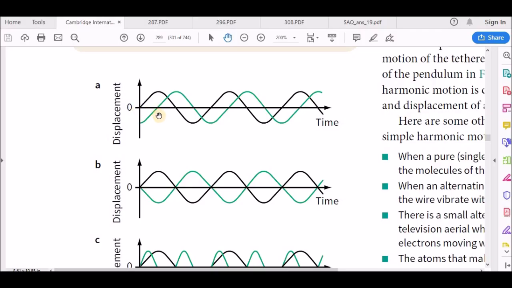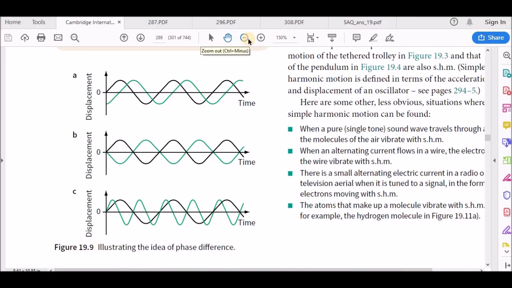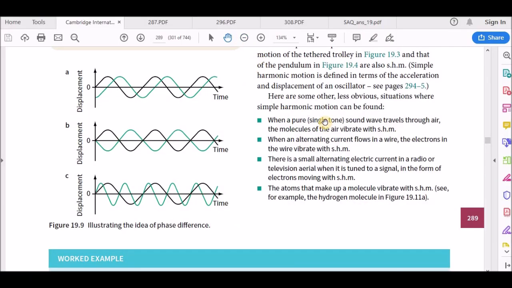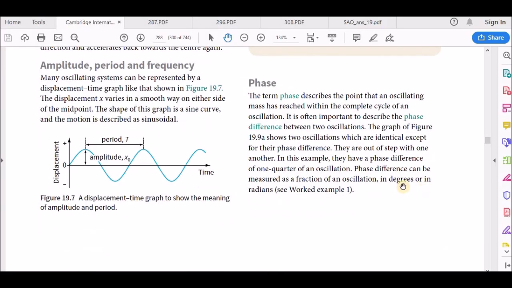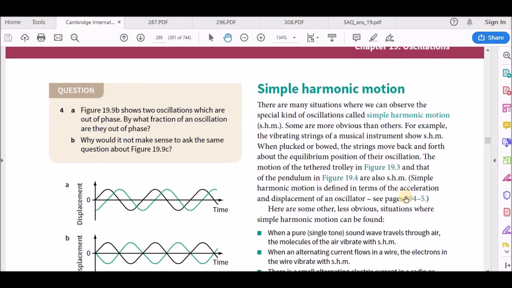So the green wave is lagging behind the black wave by quarter of a period. The phase difference in degrees is quarter of a cycle, so that is 90 degrees, because quarter of a wave is 90 degrees.